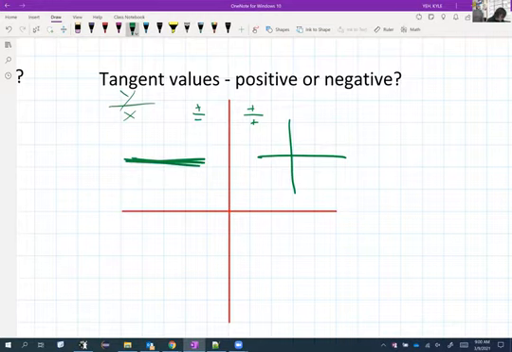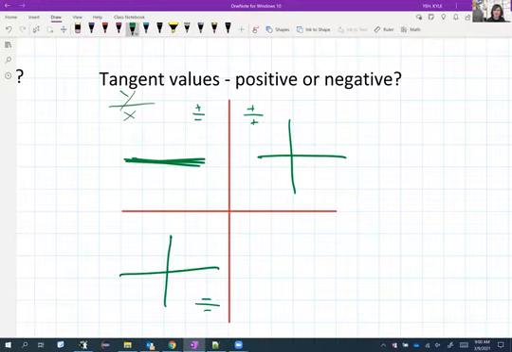Quadrant 3, I'm going down and left, and what is a negative divided by a negative number? A positive. Tangent in quadrant 3 is actually positive. And then in quadrant 4, my y is negative, I'm going down, but I am going to the right, and a negative divided by a positive will always be negative.